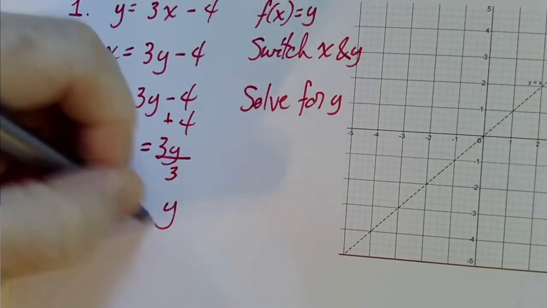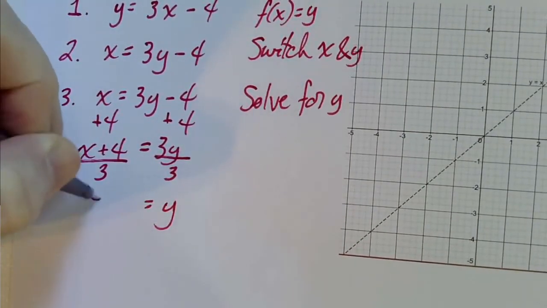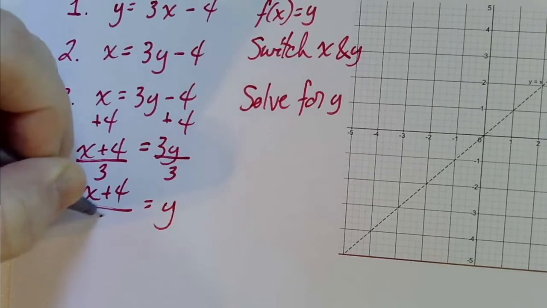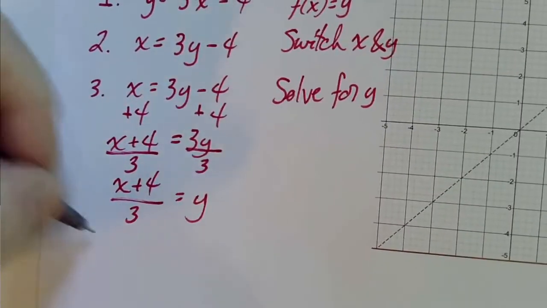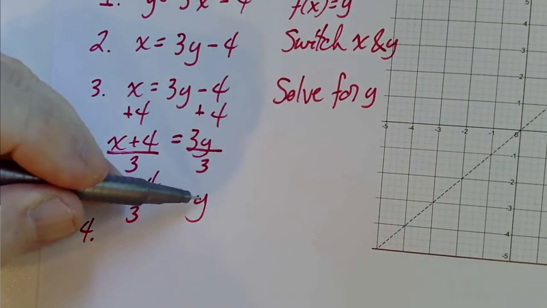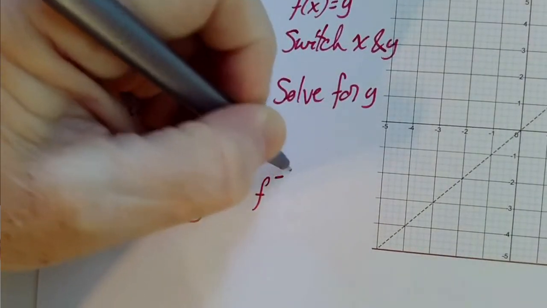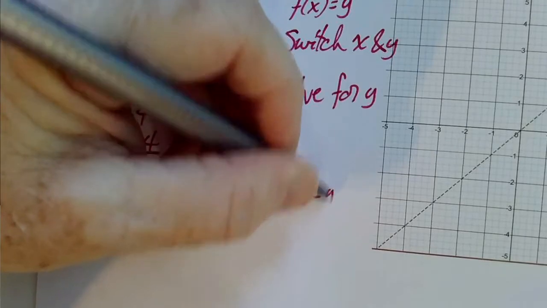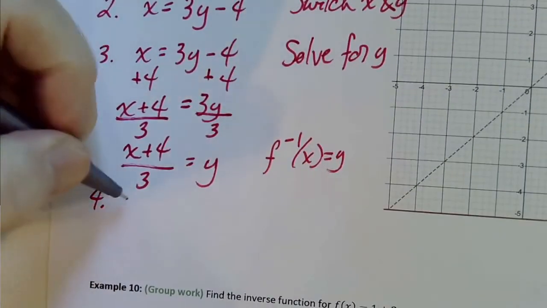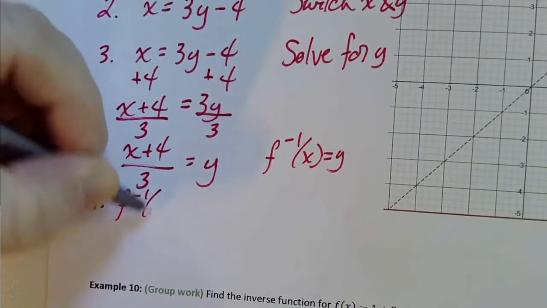And I get y is equal to x plus 4 over 3. Step 4 is to replace y with f inverse. f inverse of x equals y.